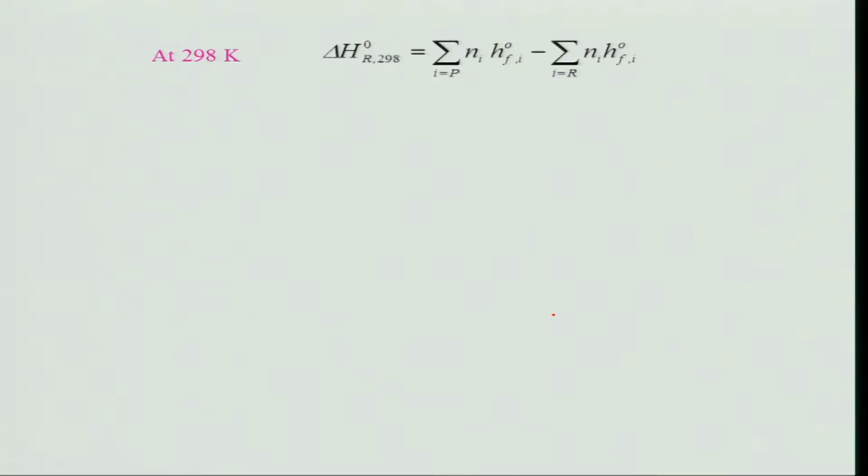And then let us look at 298. This is basically the heat of reaction. Heat of reaction Hr, we know by definition, is the summation of Ni HFi with respect to standard condition for the product, and similarly for the reactant. This is our heat of reaction.